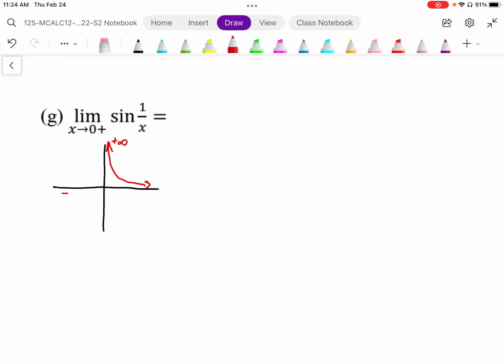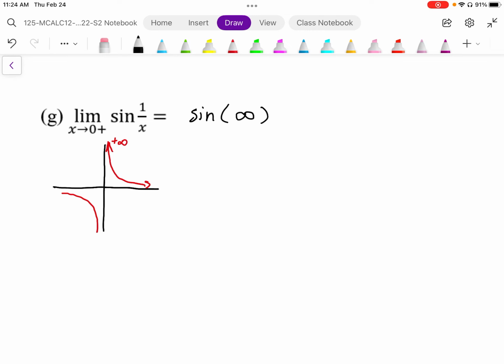We definitely have another side here, but we're only looking at the positive version of this, or the right-handed limit. So it's looking like that. So we're essentially getting sine of infinity. Okay, so when we plug this in, this essentially becomes sine of positive infinity.